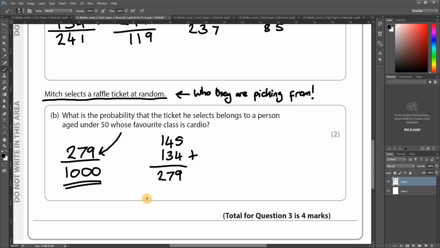So that's how you answer these types of questions. Just be careful with that. Do practice these types of questions if you're not sure or not confident. Do practice these, please. Let's move on to the next question.